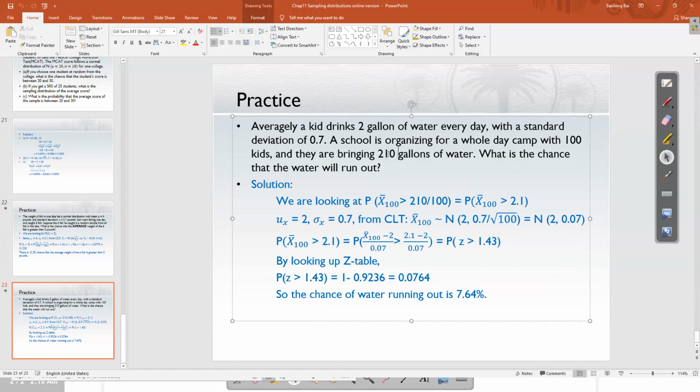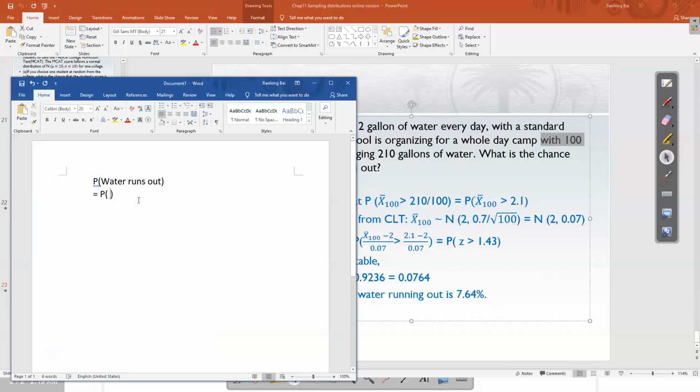How much water do you bring? 210 gallons of water, right? And you're bringing 100 kids with you. So when will water run out? When water runs out, what does it indicate? So it indicates the total water consumed by those 100 kids is greater than 210 gallons, right?